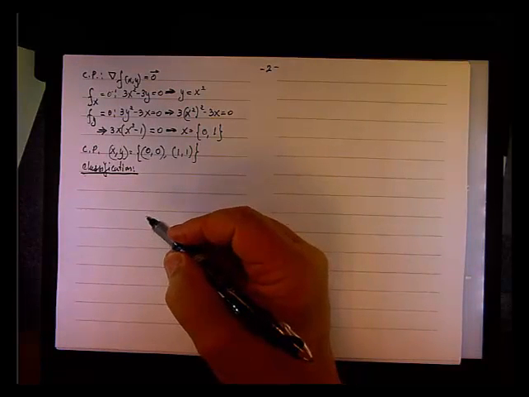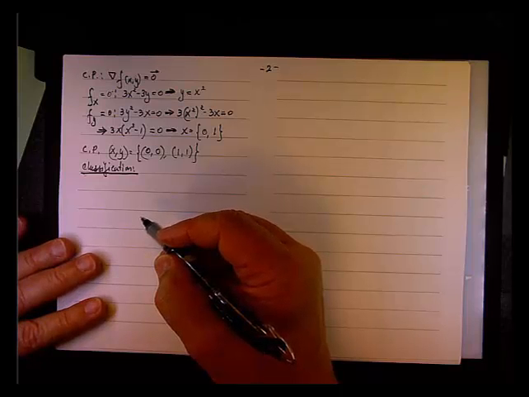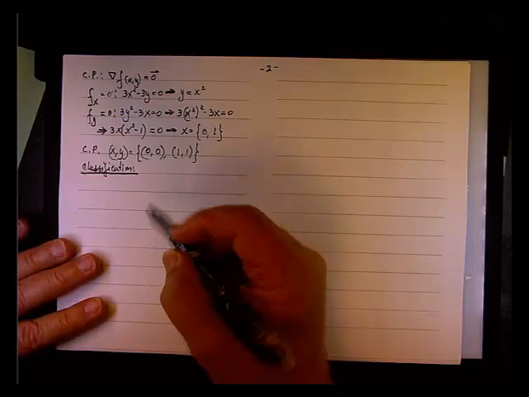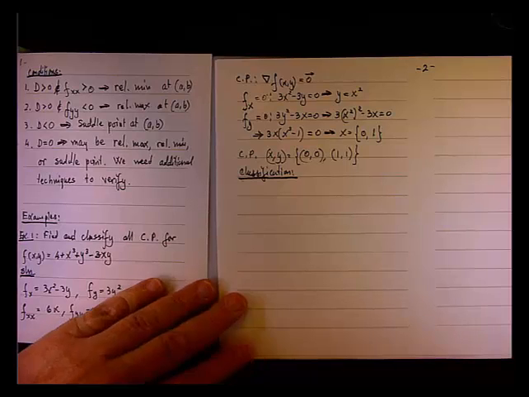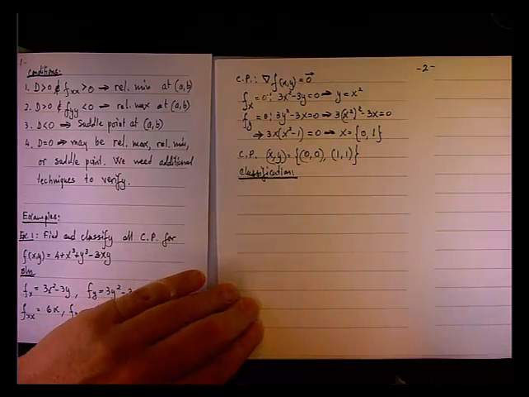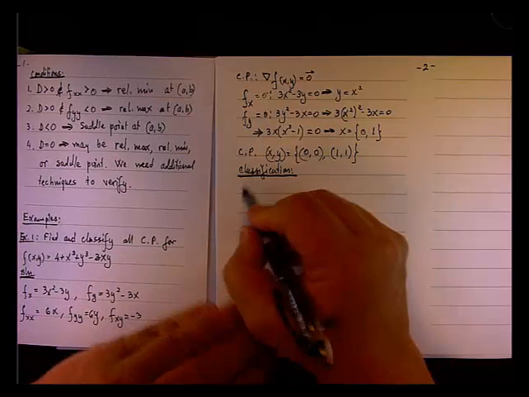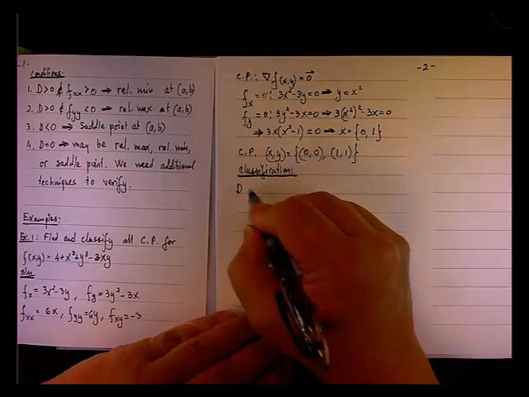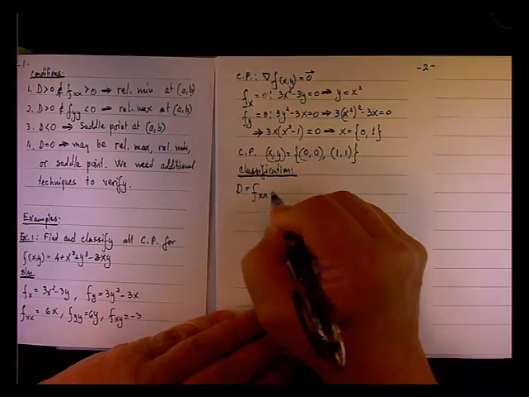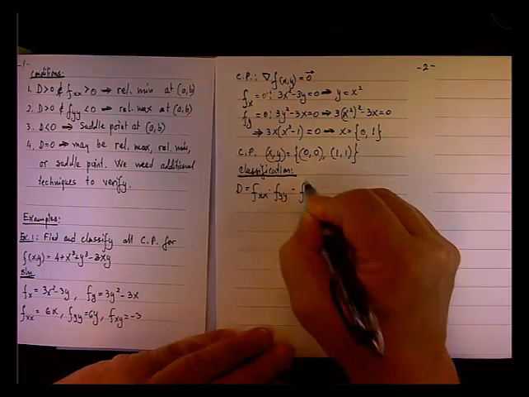So classification. We'll run the second derivative test, and what are the partial derivatives? Well, where is it in the previous page? I was a little bit premature. So let's see, what is the determinant?